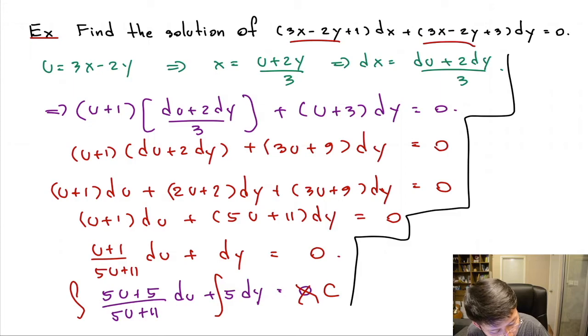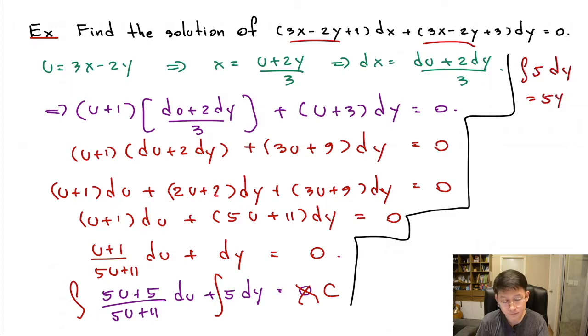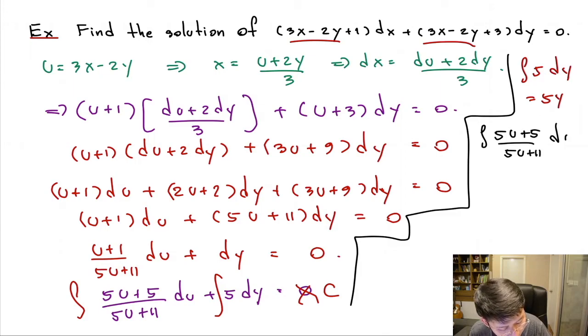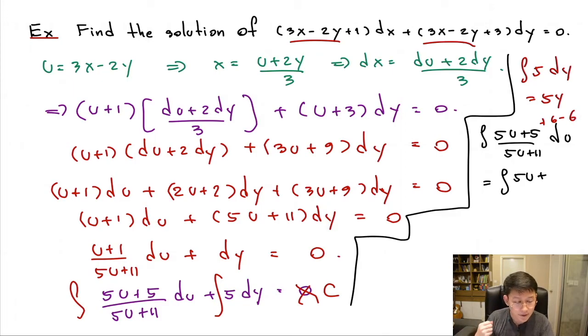So the integral of 5 dy is actually 5y, isn't it? And the integral of 5u plus 5 divided by 5u plus 11 du. Can I do this? It's plus 5, isn't it? Can I plus 6 and minus 6? So if I plus 6, it becomes 11.